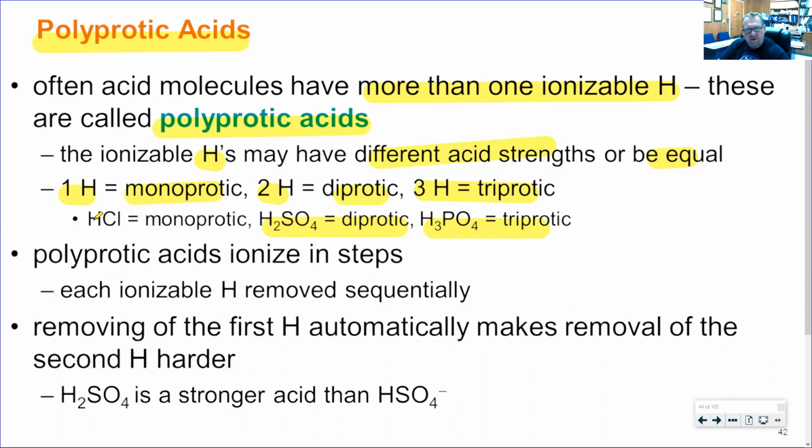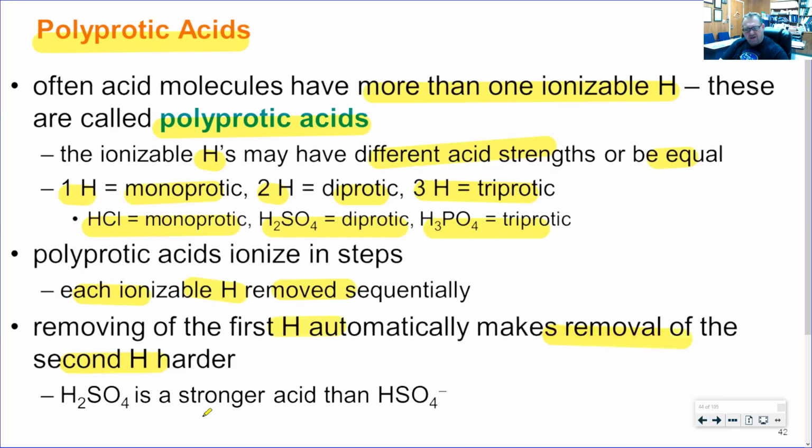Anything that only has a single proton would be a monoprotic acid, like HCl. So when we say that the strengths can be equal or they can be different, what typically happens is that each time you remove a proton, it takes more energy to remove the next proton from the system.